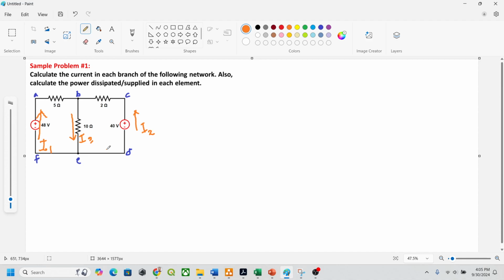But in this case, there are two nodes, so 2 minus 1 equals 1. So you will be doing only one KCL.